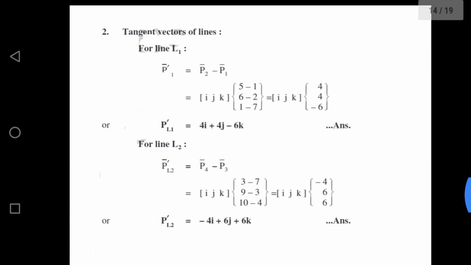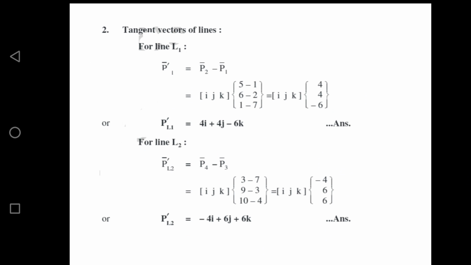So next we need to find out the tangent vectors of the line. In the last numerical we haven't seen how to find the tangent vectors of a line. We get the tangent vector if we subtract two positional vectors for two different points on a line.